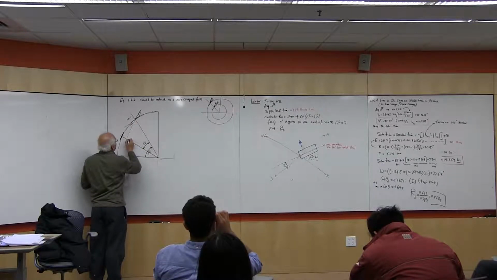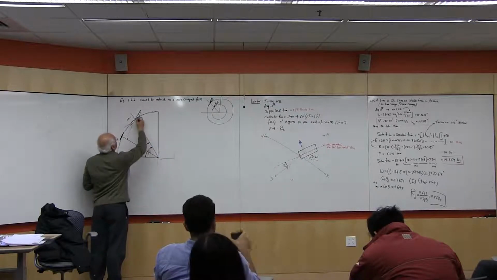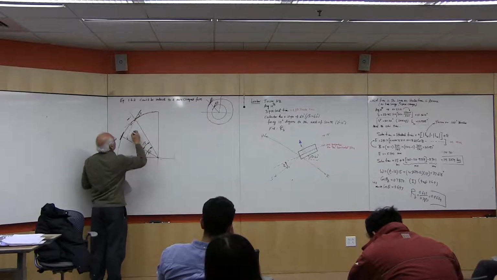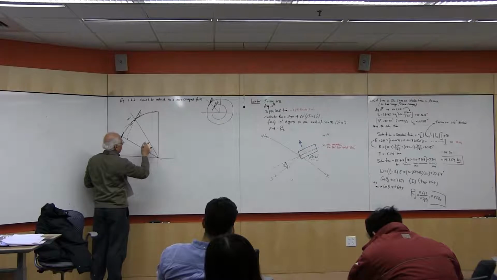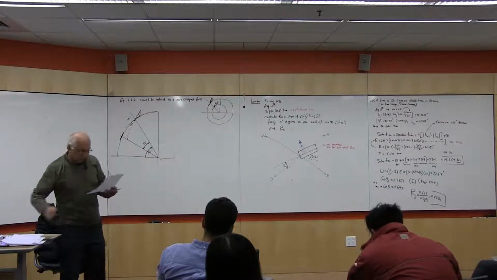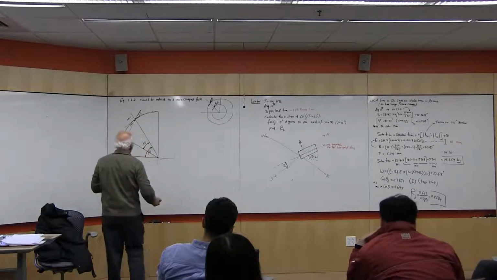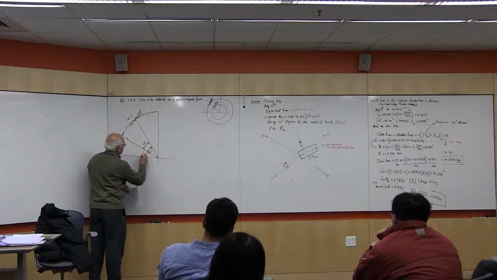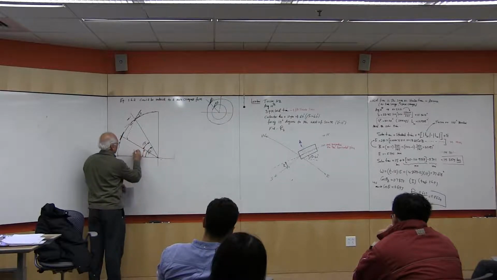That side is perpendicular to this, and this side is perpendicular to that. So geometrically, if that's beta, this is beta. Therefore, this angle is phi minus beta.